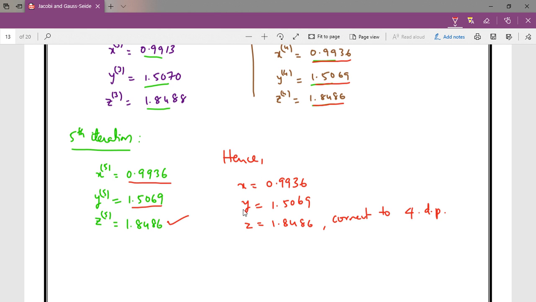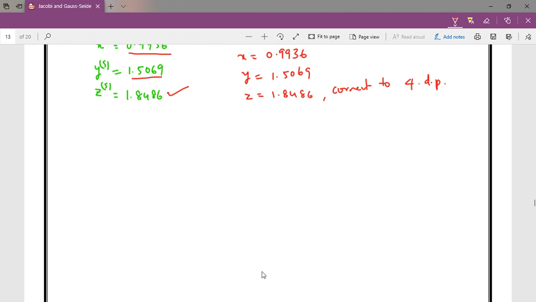So therefore we have concluded that the xyz values are these, corrected to 4 decimal places. So this is one of the easiest problems. We have solved this by the Gauss-Seidel method. So next one more example we shall take and we shall see that example with both the methods.